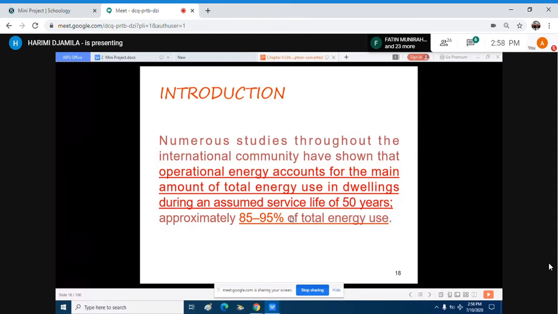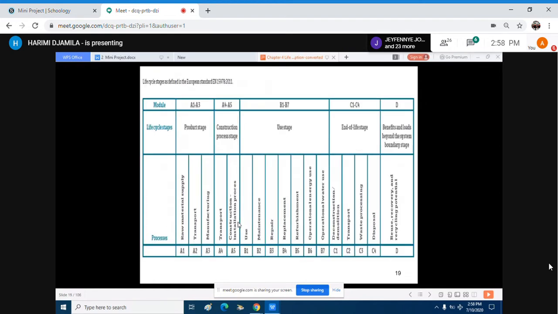It's very important to be considered, and humans should be taken into consideration because people's behavior will automatically affect the energy consumption in the building. The focus is on people's behavior and how they use energy in their building. However, the construction stage is also very important as well.